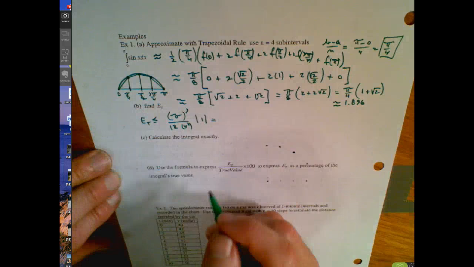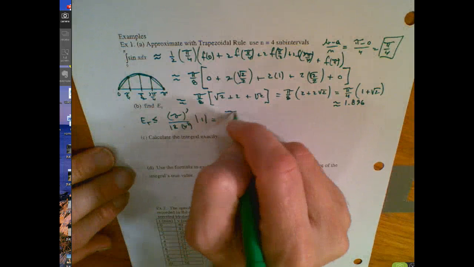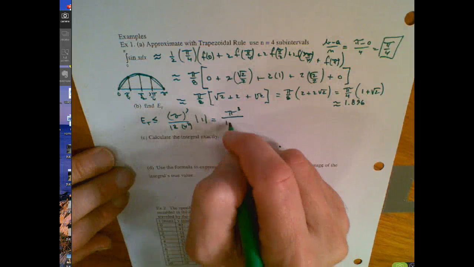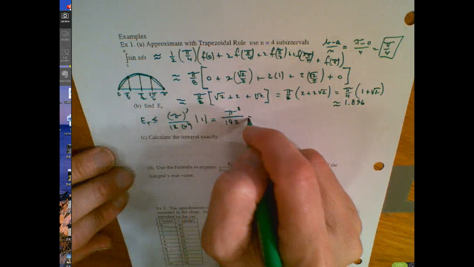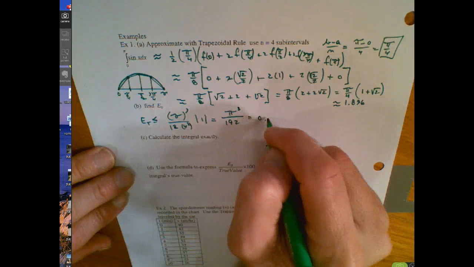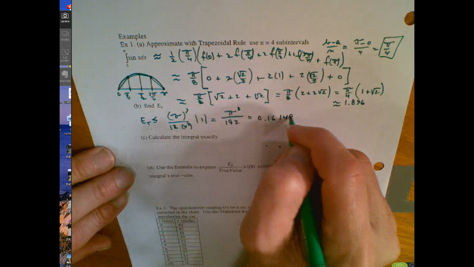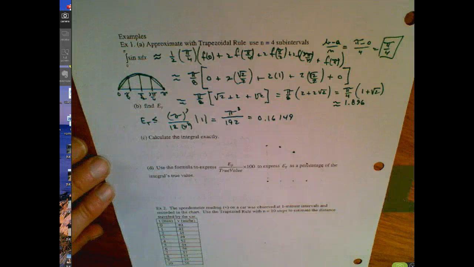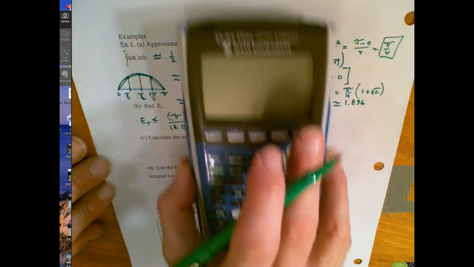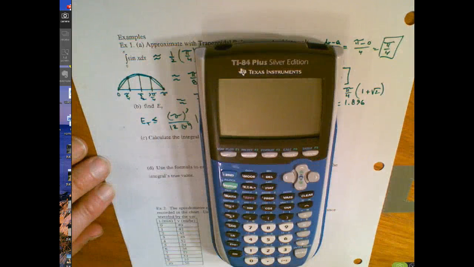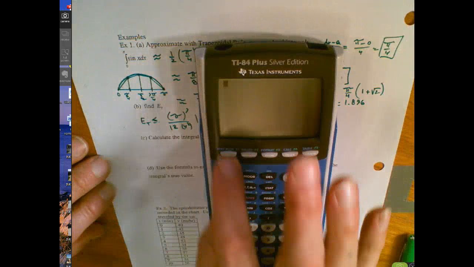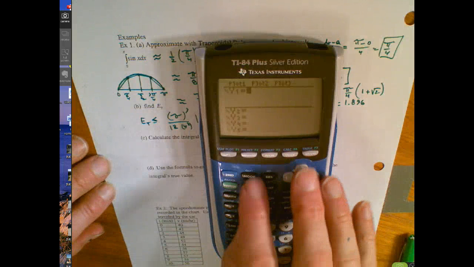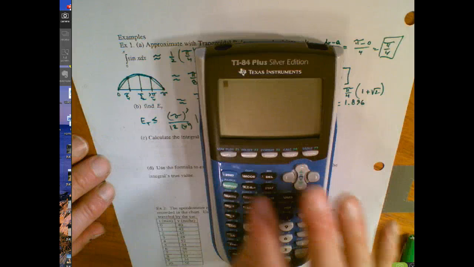So we could then say our maximum error is just going to be pi raised to the third power divided by 192, and that's equal to roughly 0.16149. Okay, so that's our maximum error. Finally, let's go ahead and look at the exact value. If we put that into our calculator, remember I'm going to mode and make sure I'm in radian mode.